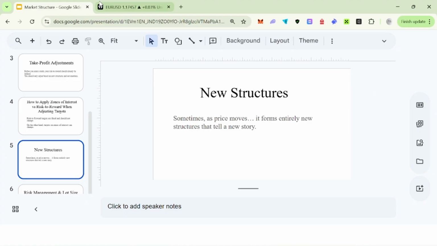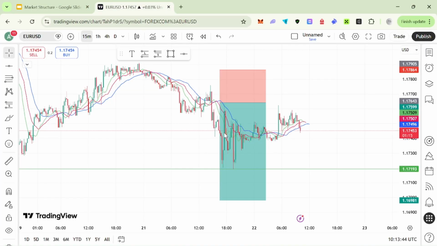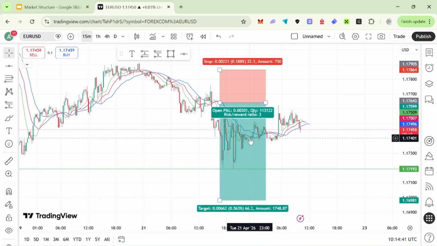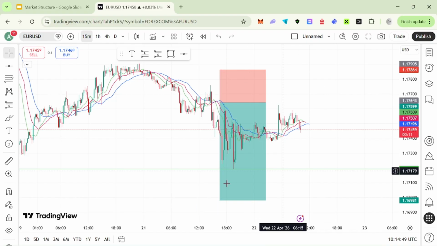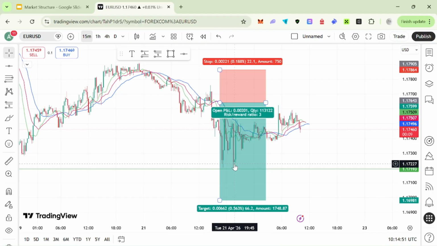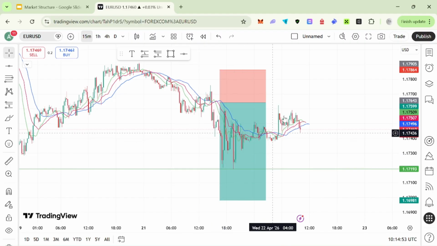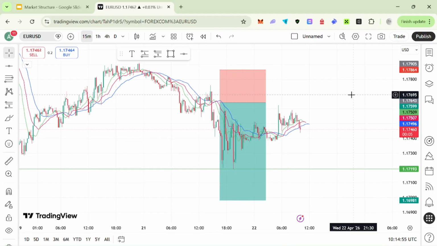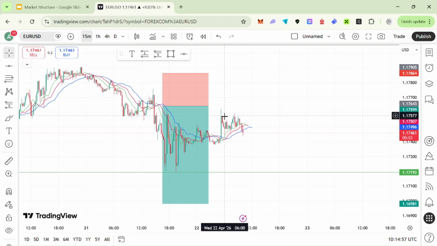So if we go back to this chart now, you would see that, okay, new structure means new setups, sometimes new invalidations, new opportunities. So for instance, price came all the way down here and began to move to the upside. So let's assume that this point is a new structure formed.